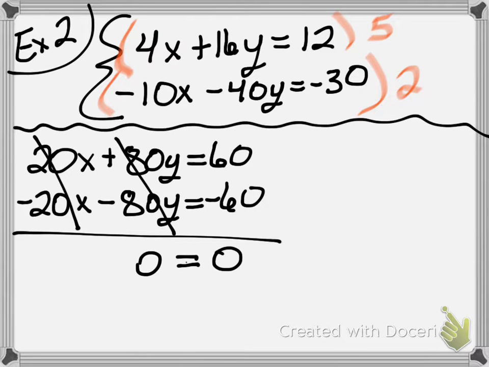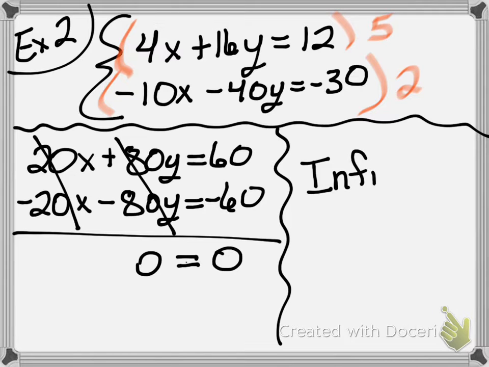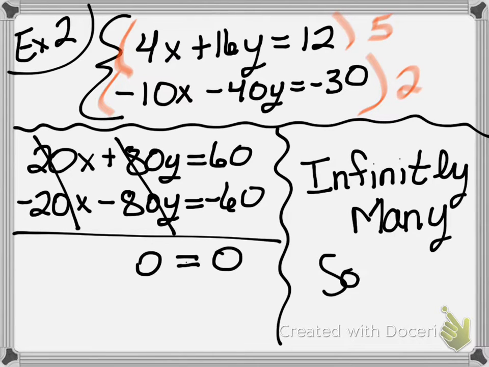So what does that mean? This means that every value you can think of will work for this system. So our answer is infinitely many solutions.